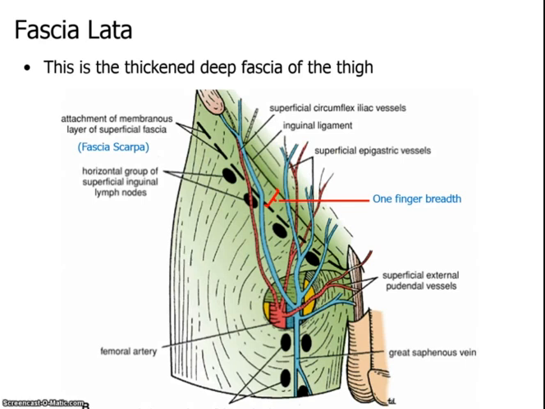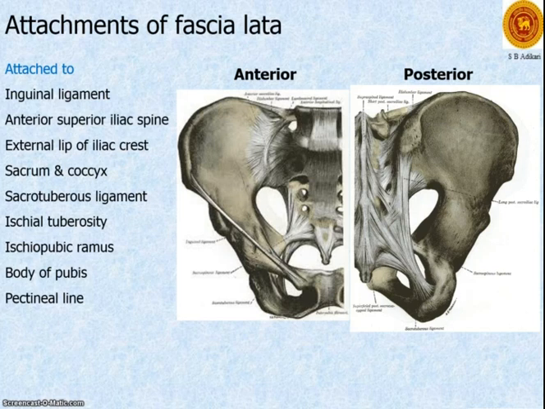Few points about fascia lata. Now the attachments of fascia lata: it is attached from the pubic tubercle along the inguinal ligament and the outer lip of the iliac crest, and then it is attached to the sacrum and the sacrotuberous ligaments, ischial tuberosity and ischiopubic ramus here.